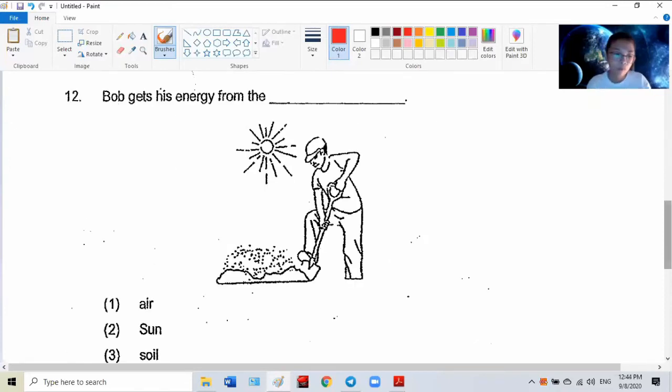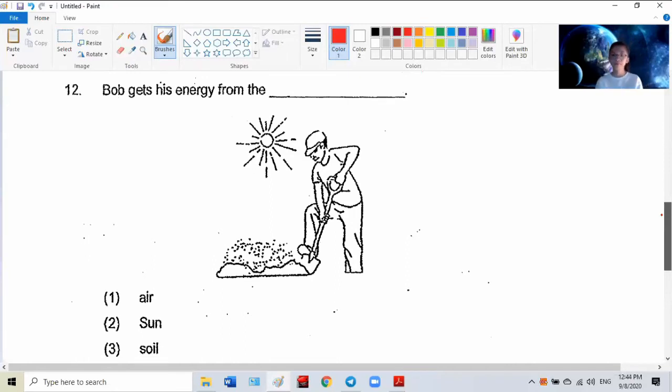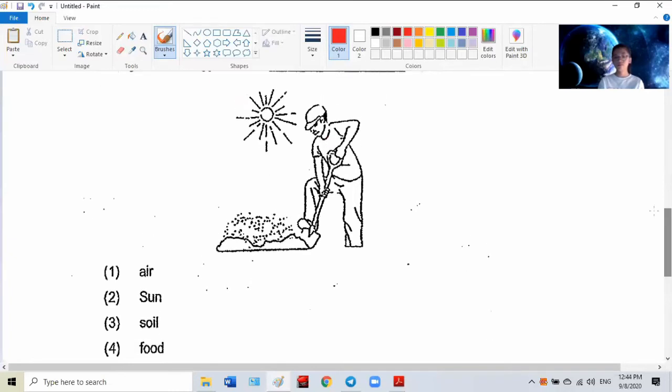All right. Bobby gets his energy from what? From the food. The sun gives you energy. Sunshine will give you energy. Really? He gets his energy from the sun? Only plants. No, from the food.